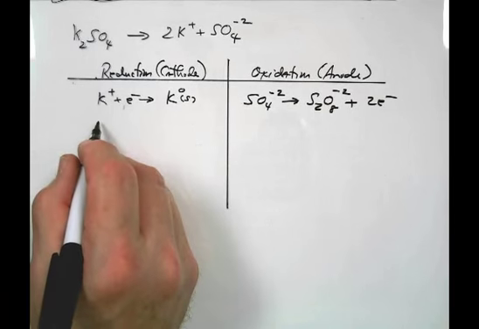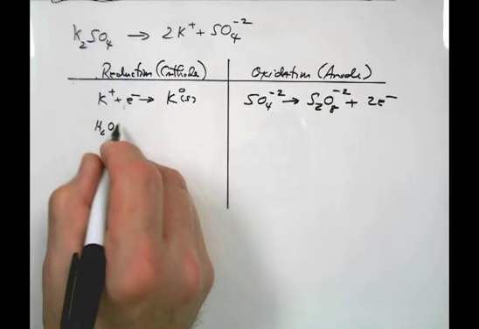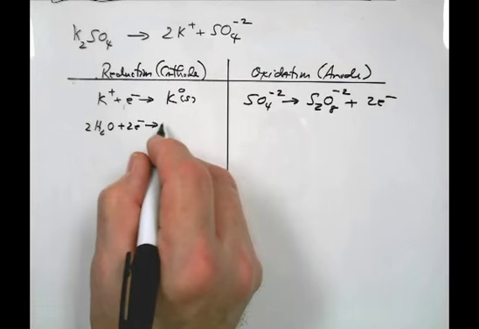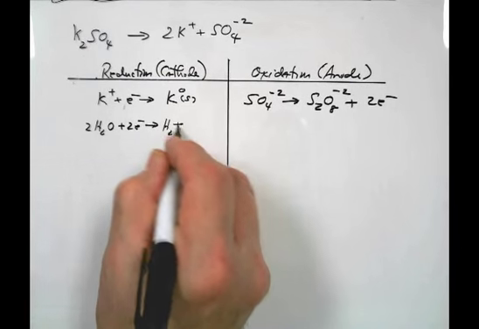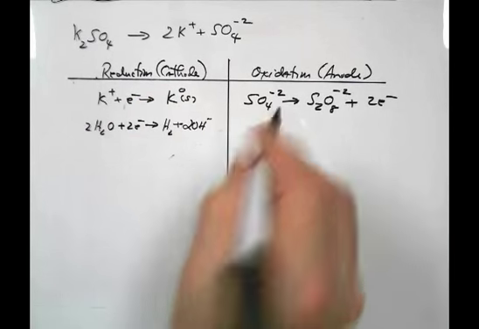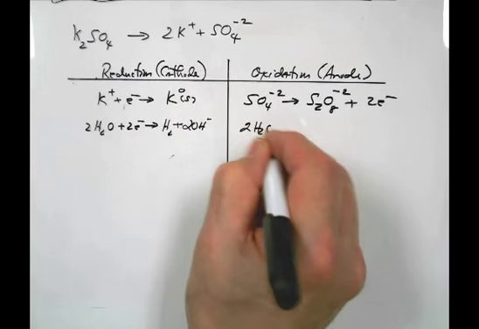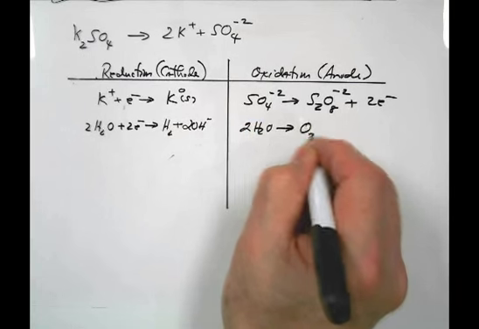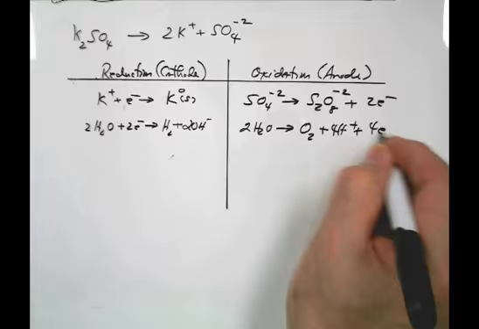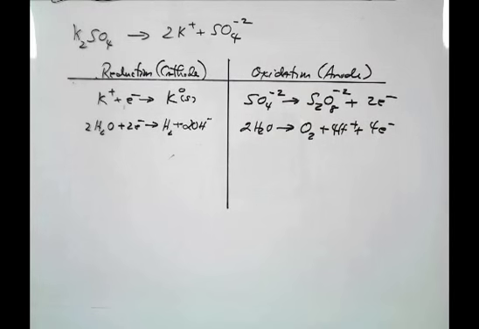And then you have H2O plus 2 electrons goes to H2 plus OH minus, and then 2H2O goes to O2 plus 4H plus 4 electrons. So after a while, you get the way you know which ones are doing what.